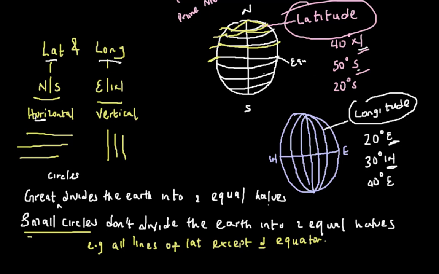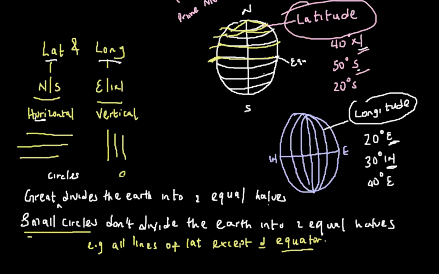This equator here. And the reason why the equator is not a small circle but a great circle is that if you look at this, it divides the earth into two equal halves. Does that make sense? That's what we call an equator. An equator is a line that divides the earth into two equal halves, north and south hemisphere. Does that make sense? So all lines of latitude except the equator are small circles.